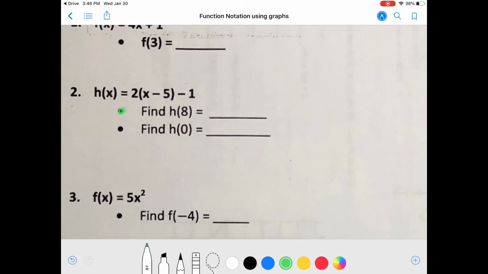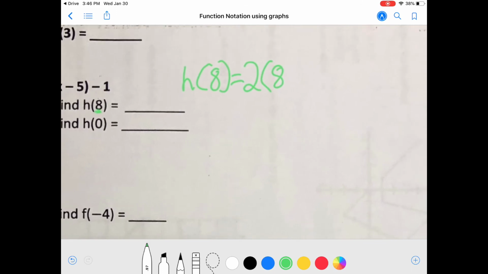So for the first little bullet point, we have substituting in 8 for x. So h of 8 equals 2. Instead of the x, I'm going to put 8 minus 5 minus 1.